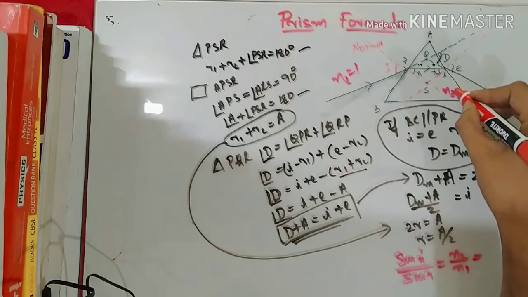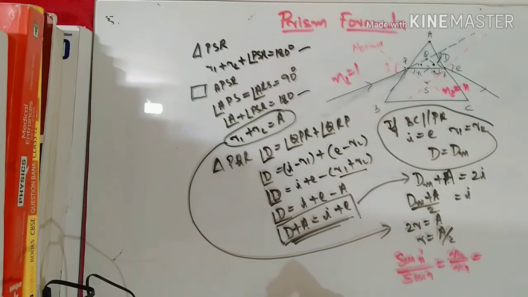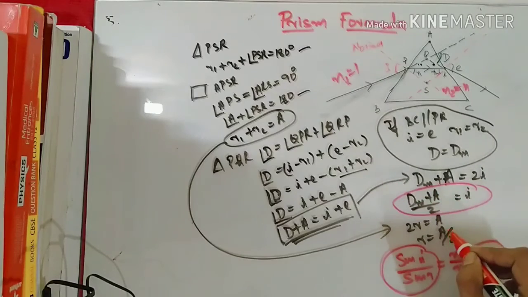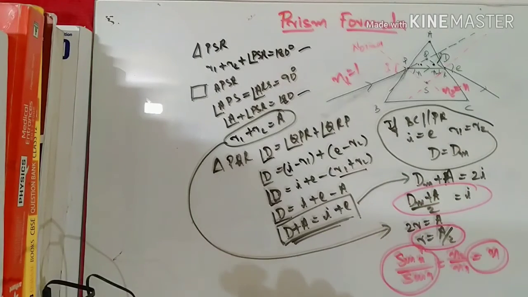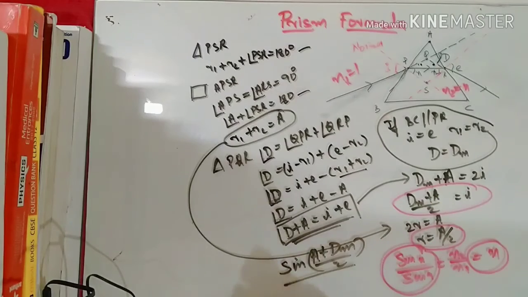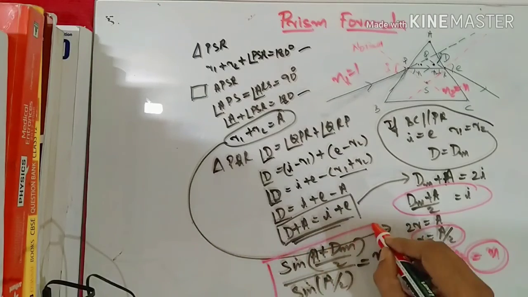The refractive index of the second medium is taken as N2, which is equal to N, so we can write sin I by sin R is equal to N. Then substituting for I and R, we get the equation sin((A plus dm) by 2), that is instead of I, divided by, instead of R, sin(A by 2), that is equal to N. And this is our final derivation.